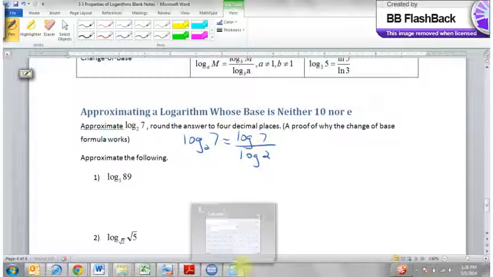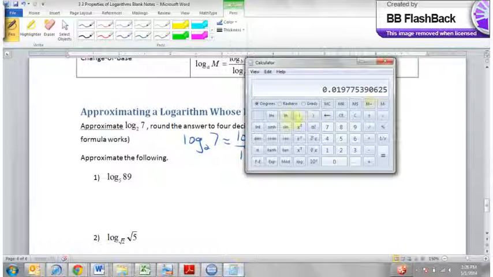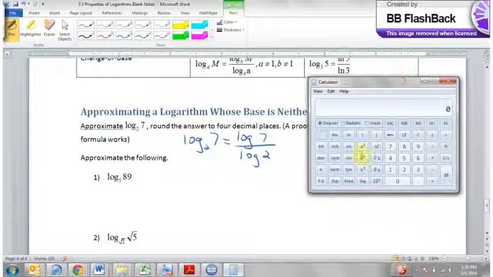So if we pull up our calculator, we can do log of 7 divided by log of 2.